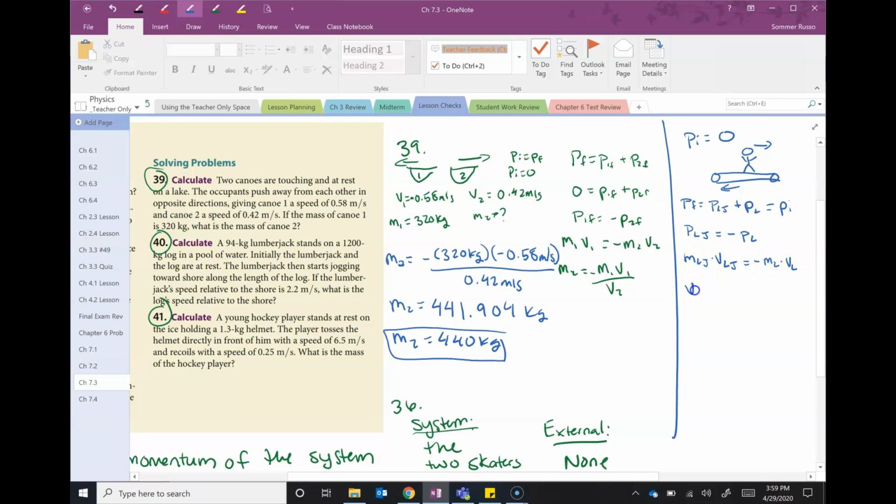Again, we're looking for the velocity of the log, so we're going to go ahead and solve everything for that. When we do that, I get velocity of the log is equal to negative mass of lumberjack times the velocity of the lumberjack divided by mass of the log. We were given the mass of the lumberjack was 94 kilograms, the mass of the log is 1,200 kilograms, and we have the velocity of the lumberjack.